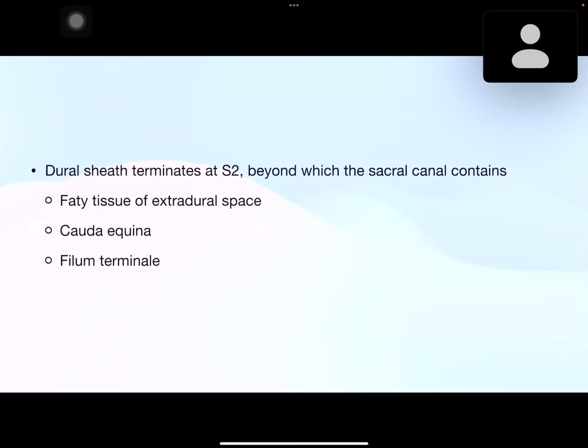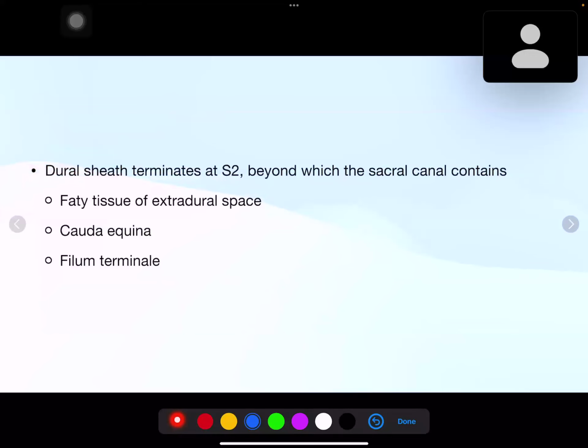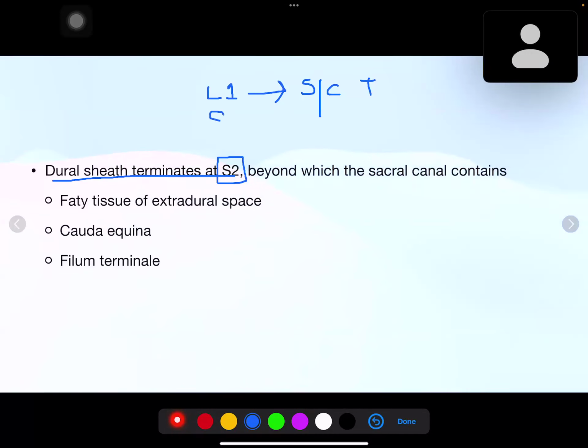And this is a very important exam question as well: the dural sheath terminates at S2. In our previous lecture we discussed that at L1 the spinal cord terminates, and also that at S2 the dural sheath terminates. These are 2 very important exam questions, and you must remember this.